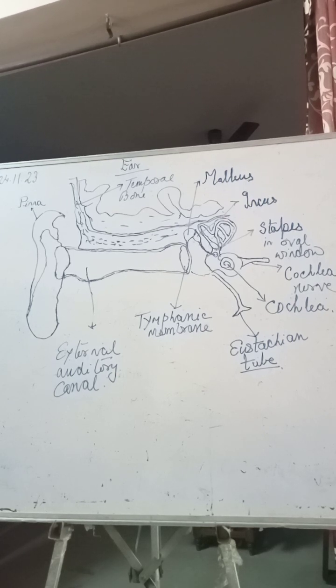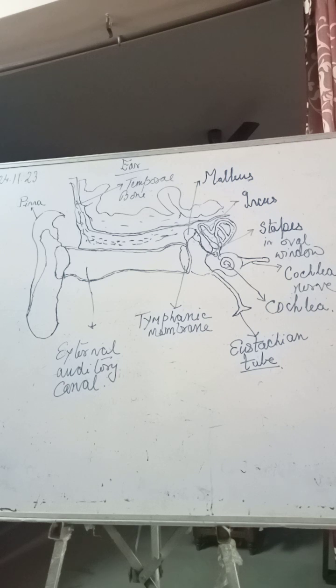As I said, it consists of two parts, the bony and the membranous labyrinth. The bony labyrinth is a series of channels, and inside these channels lies the membranous labyrinth.